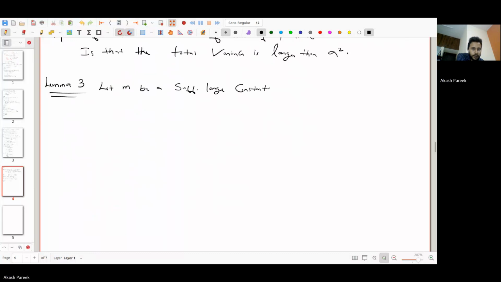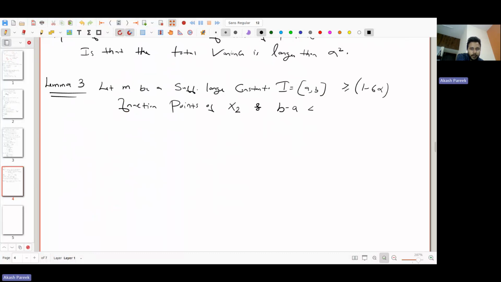Then there is an interval I from a to b that contains at least 1 minus 6 alpha fraction of points of x2, and such that b minus a is bounded by 2 sigma by root alpha.